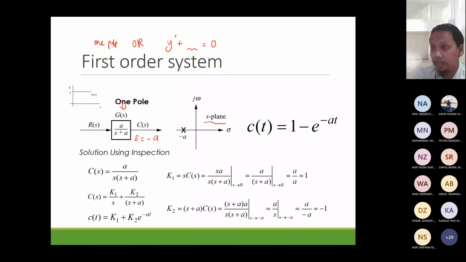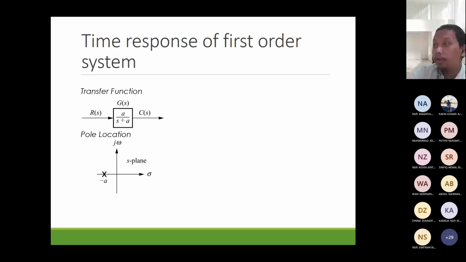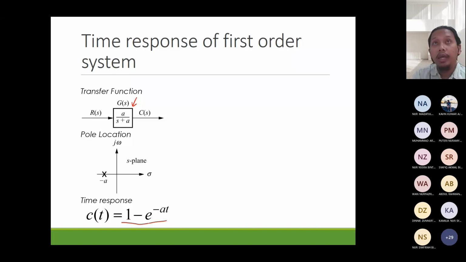Okay, so this is just a generic step. I don't have to explain more, but later on you can see it by yourself. So the time response is this. For a first order system, if you have this transfer function, then the time response is this. This is some sort of formula.